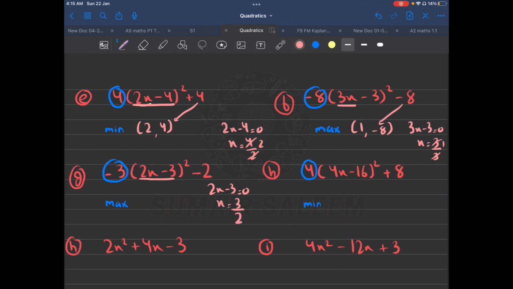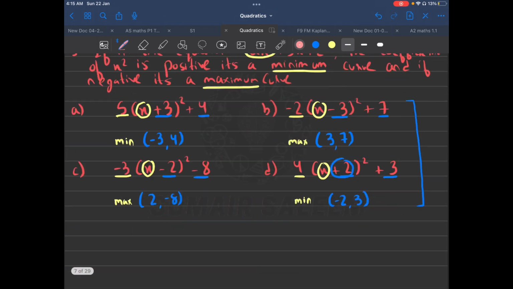X is equal to 3 upon 2. So my turning point will be 3 upon 2 and y will stay the same. Do you get this? Here, is there any coefficient with x? Yes. The 4x minus 16 is equal to 0. So my value of x is what? 16 upon 4, that's 4. And y will stay the same. Do you get this?